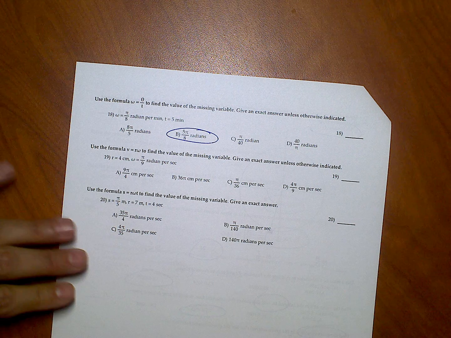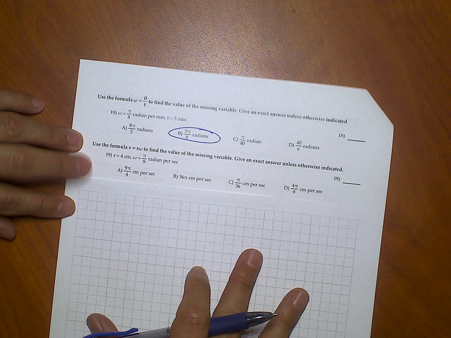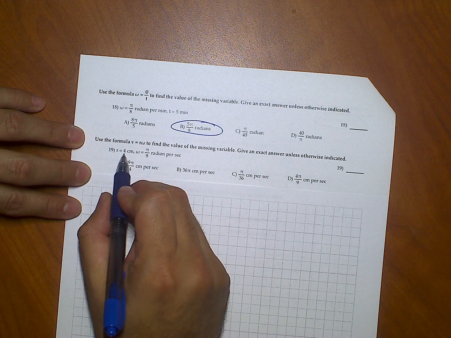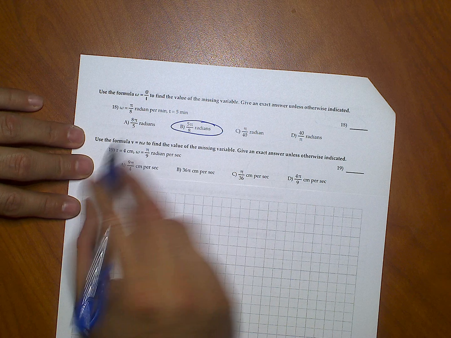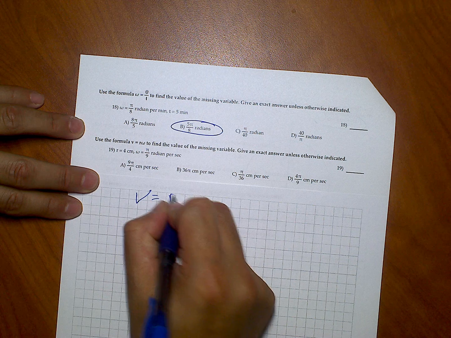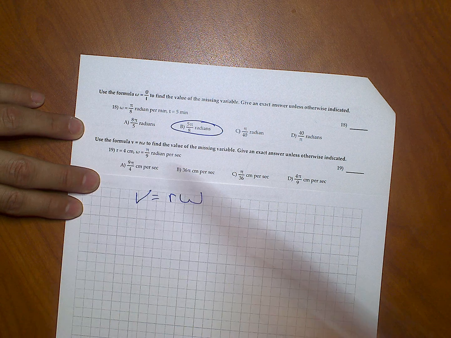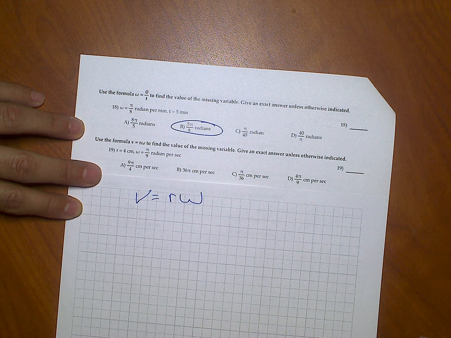Okay, now let's take a look at 19. It says R equals 4 centimeters. W is this, and use a formula: V equals RW. So which one am I looking for? I'm looking for V, right?